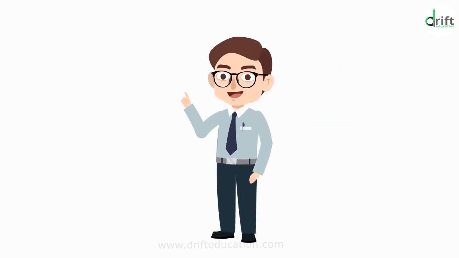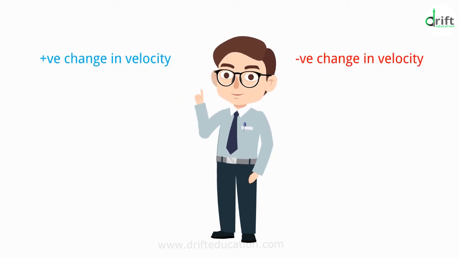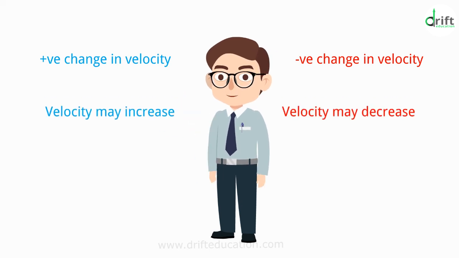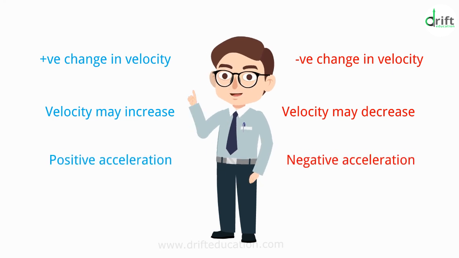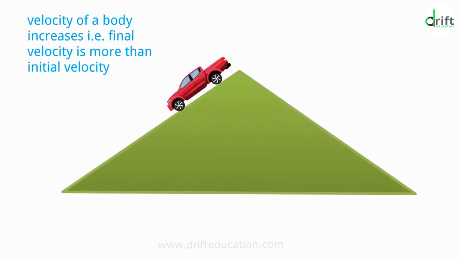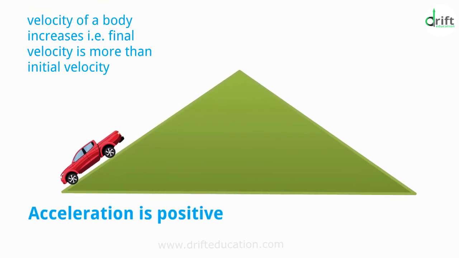Acceleration takes place when the velocity of a body changes, and this change can either be positive or negative. That is, the velocity of a body may increase or decrease, and accordingly, the acceleration is of two types: positive acceleration and negative acceleration. If the velocity of a body increases, that is, final velocity is more than initial velocity, the acceleration is positive.